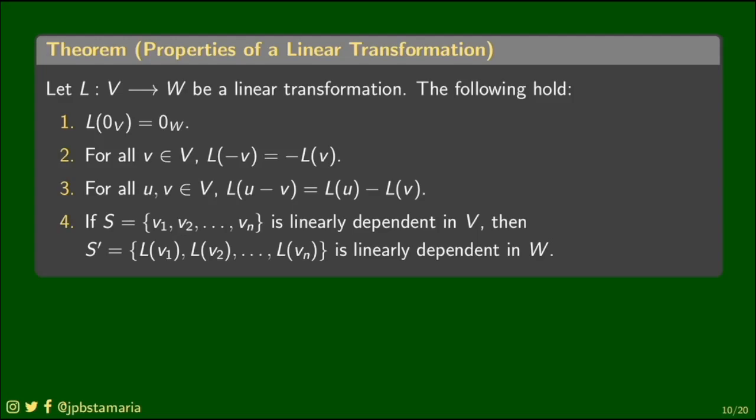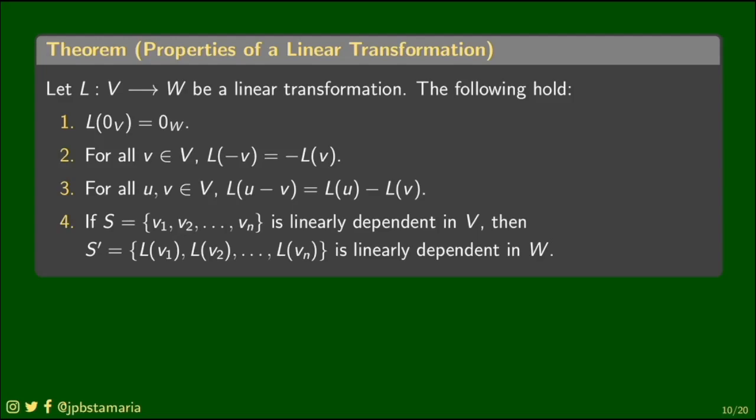Meaning to say, if you get the difference U minus V of vectors from V, then the image of the difference is equal to the difference of the images in the same order. And number 4, a linear transformation always preserves linear dependence.